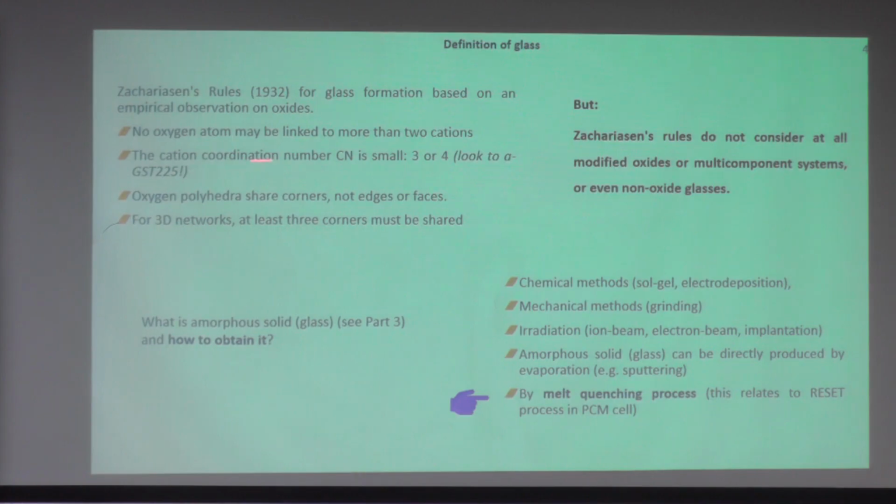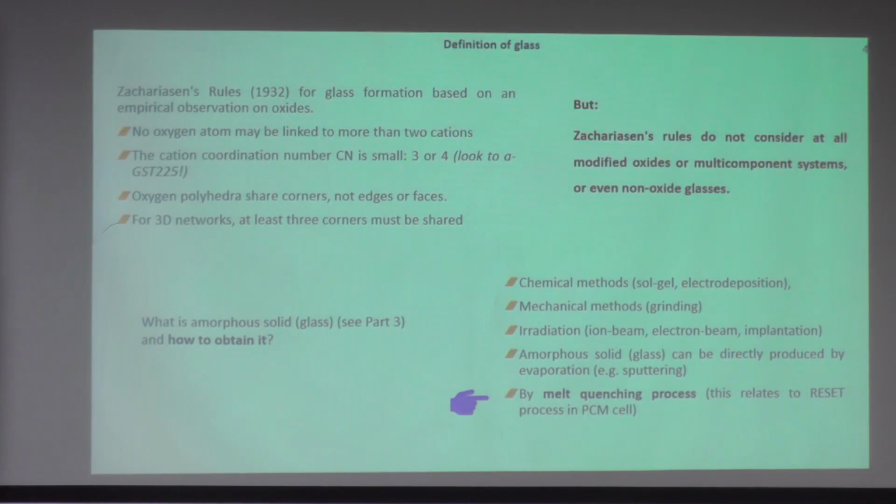The cation coordination number is small, 3 or 4. For amorphous GST it's a little bit different. Oxygen polyhedra share corners, not edges or faces, and for 3D networks at least 3 corners must be shared. But this Zachariasen rule does not consider modified oxides or multi-component systems, or even non-oxide glasses. So we need a new definition of glasses. I will make it on the next slide.